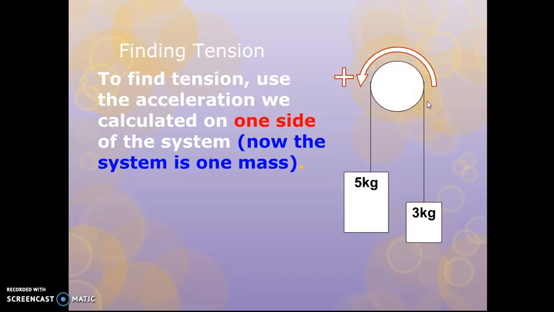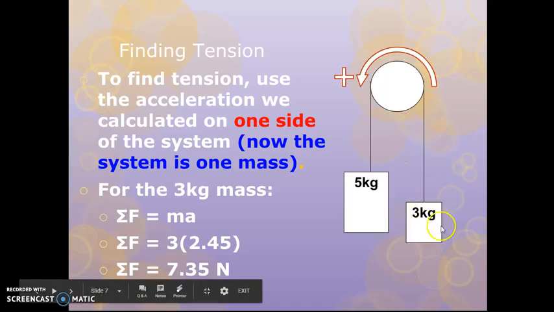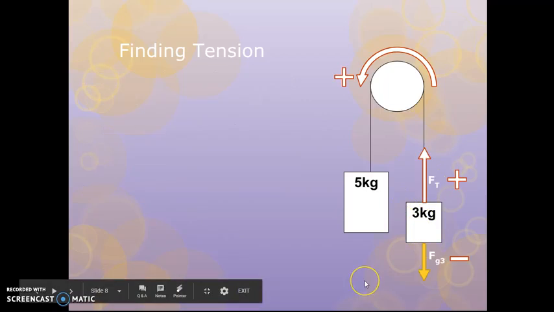Let's take a look at that 3 kilogram mass. For the 3 kilogram mass, I'm going to use the acceleration that we found, 2.45 meters per second squared, on that mass and get a net force of 7.35 newtons. So 7.35 newtons causes this 3 kilogram mass to accelerate upward.